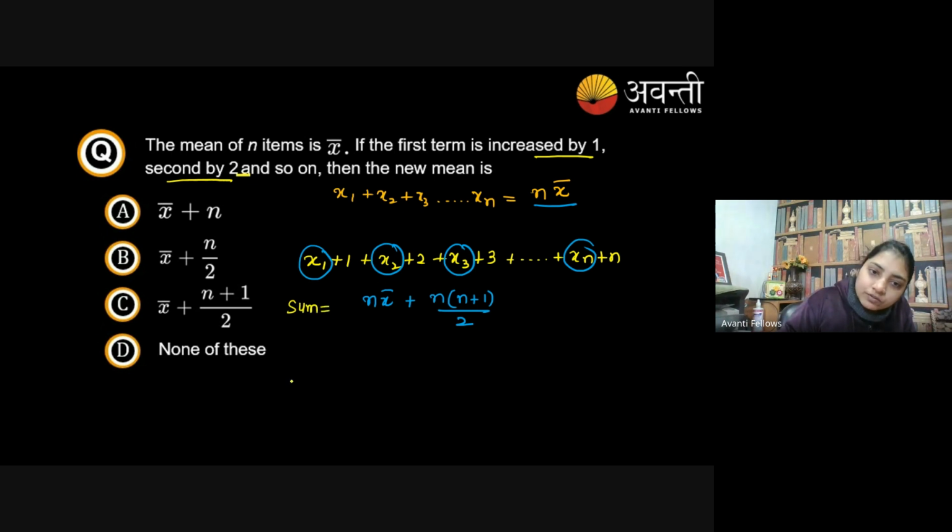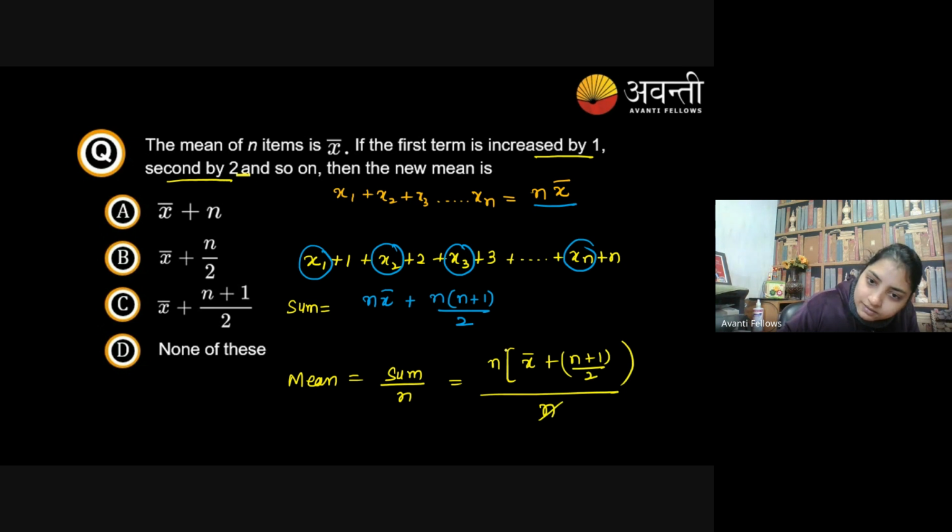I need to calculate the mean. So mean is equal to sum divided by number. So the sum is n times x bar plus n plus 1 divided by 2, divided by n. n and n cancel. Your answer is x bar plus n plus 1 by 2. Is this your answer, option C?